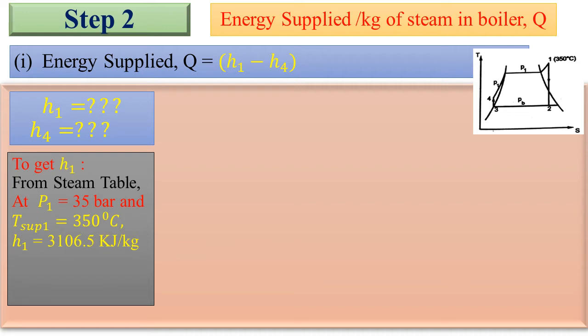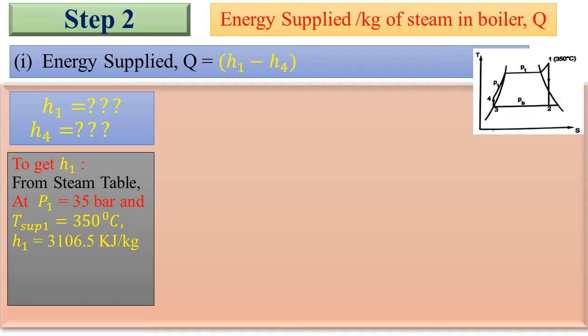First we will see how to get enthalpy at point 1. For this we have to refer to the steam table. As per our data, at point 1 pressure is 35 bar, and temperature is T superheated 1, equal to 350 degrees Celsius, as given in the data.